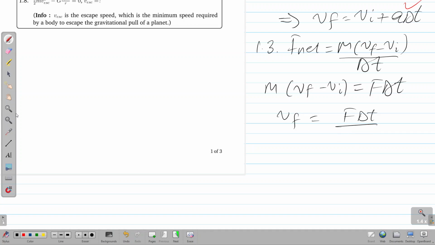Sorry, let me just erase that. So v final minus v initial is F delta t divided by mass.